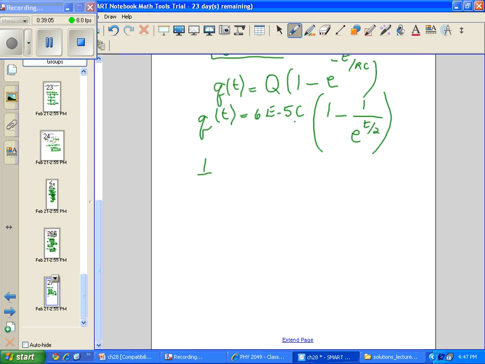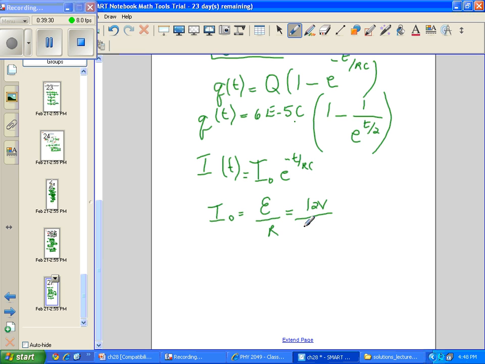Next, current as a function of time is the maximum current, which we'll have to determine, times e to the minus t over RC. Well, the maximum current, using Ohm's law, will be equal to EMF over R. We know that EMF is 12 volts.